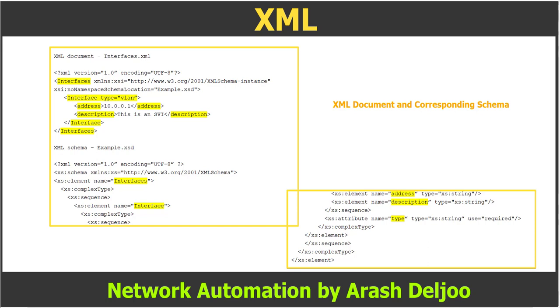The second attribute tells the parser where to find the schema. The schema starts with the xs:schema tag using the standard URI, followed by the document schema. The first element is interfaces, which is a complex type because it contains other elements. It is followed by interface, which is also a complex type with child elements.